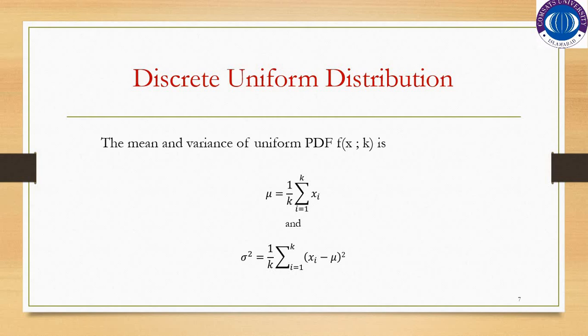And the mean and variance of the uniform probability distribution function: mu is equal to the sum of all possible values of the random variable divided by k, as we have k number of values, and variance is equal to the sum of xi minus mu, whole square, divided by k. So this is the mean and variance of the discrete uniform distribution.